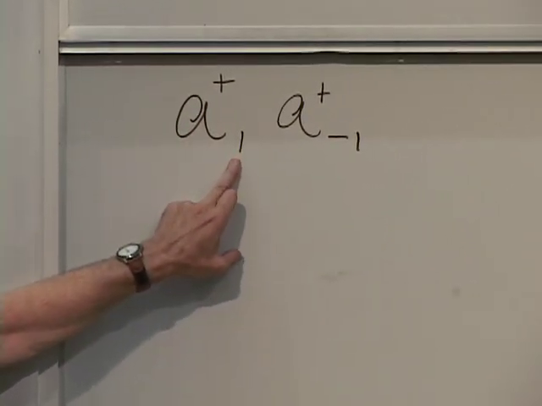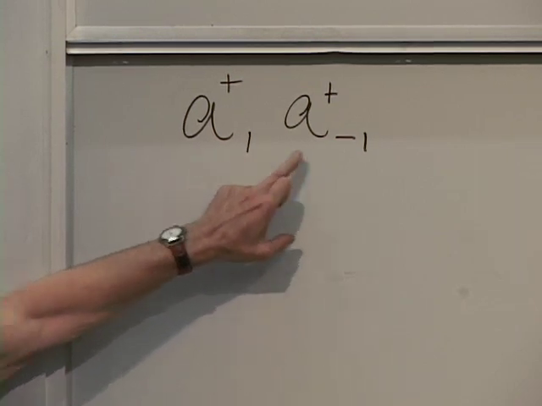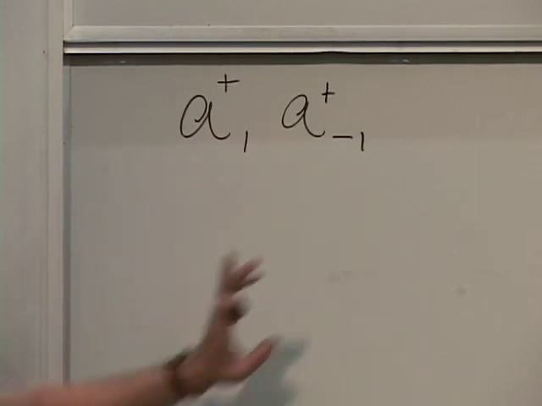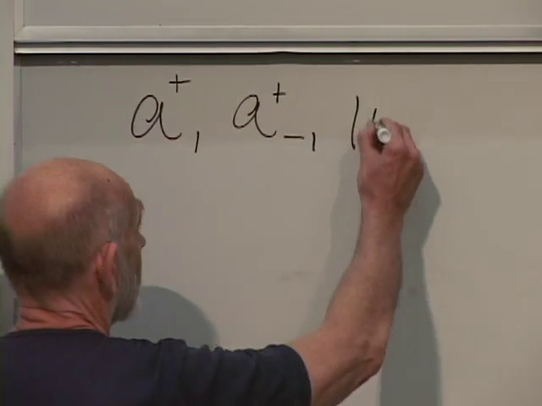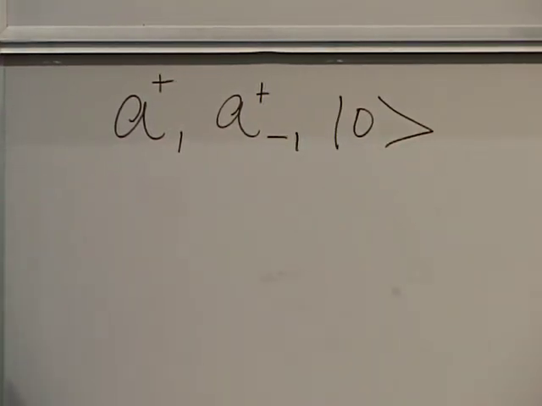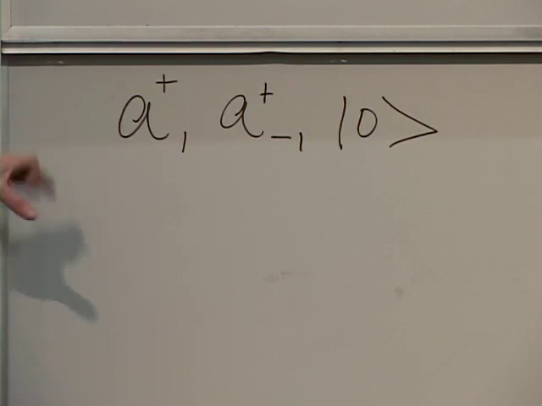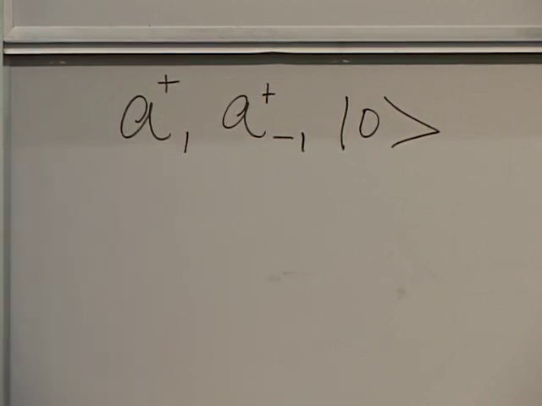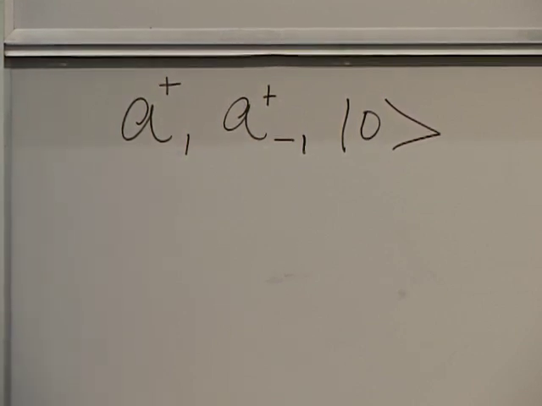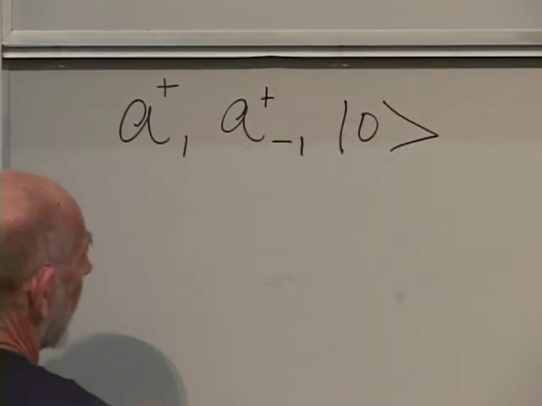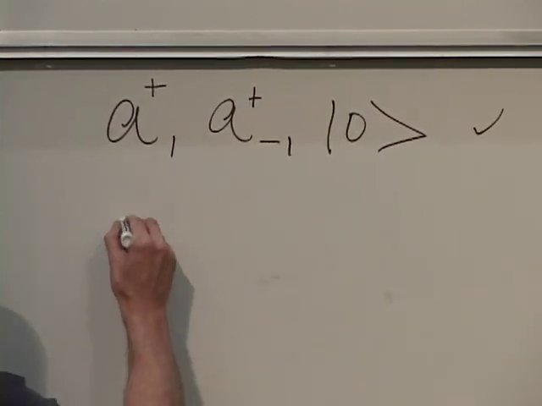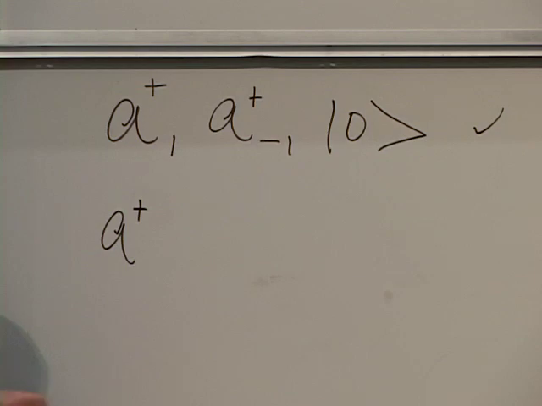This has 1 unit of right-moving energy and 1 unit of left-moving energy. That satisfies the level matching condition. I appreciate this is coming out of nowhere, why I'm requiring this to be true, but we'll come back to it. All right, so this is a good state. This is okay.